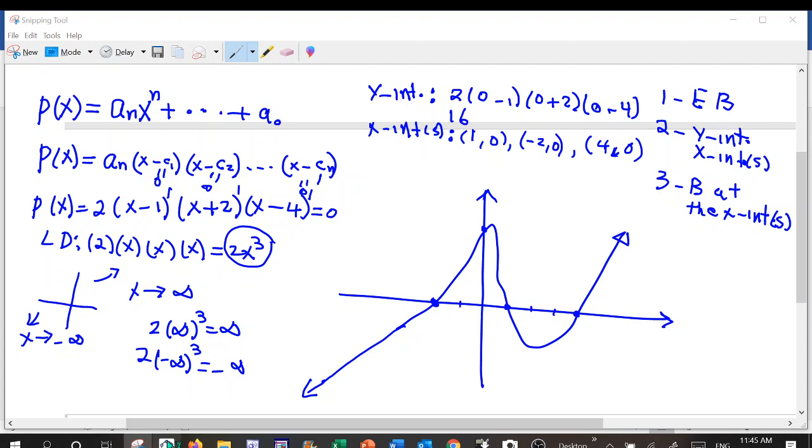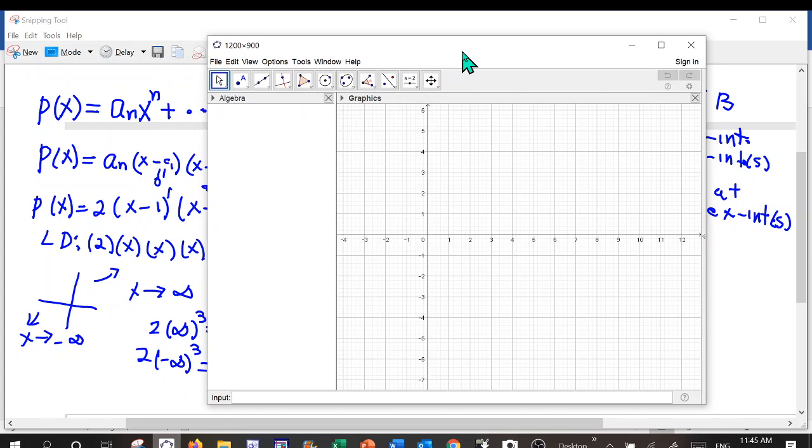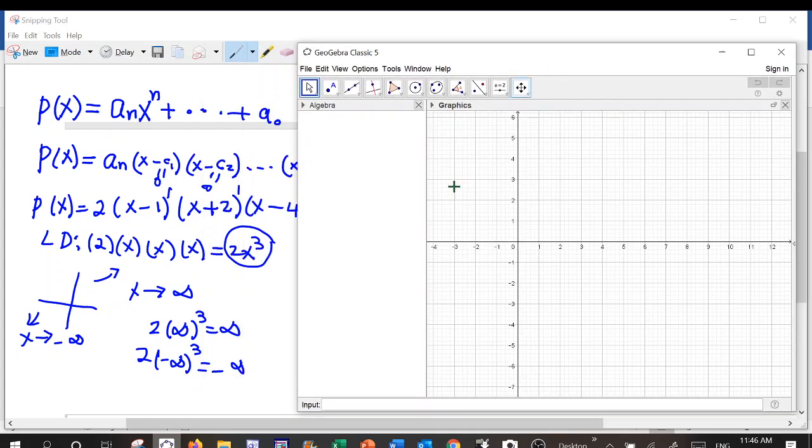Now, if we want to graph this much more precisely, we're going to use calculus. So I'm going to graph it with technology here. I'm going to graph y equals 2 times these three factors.